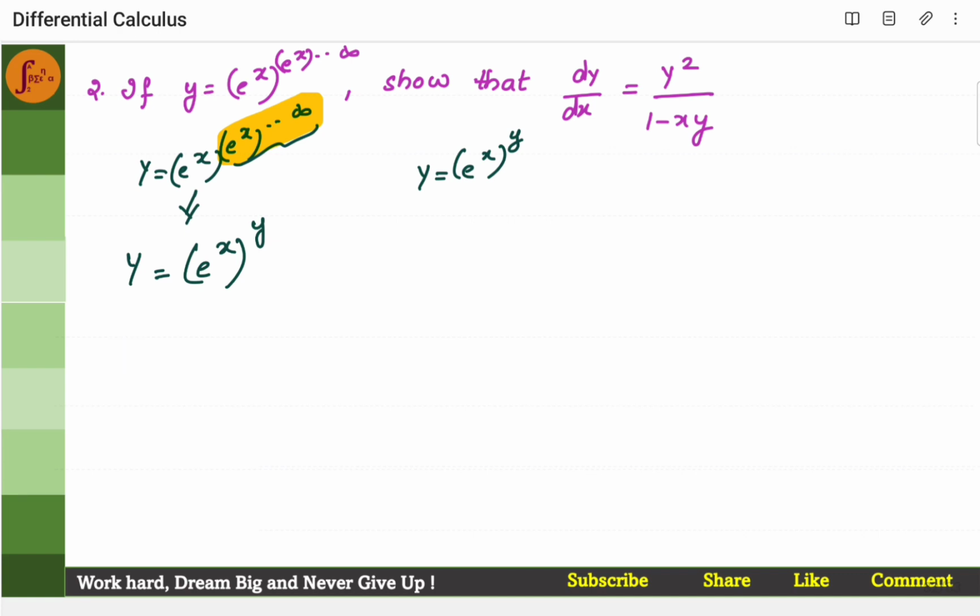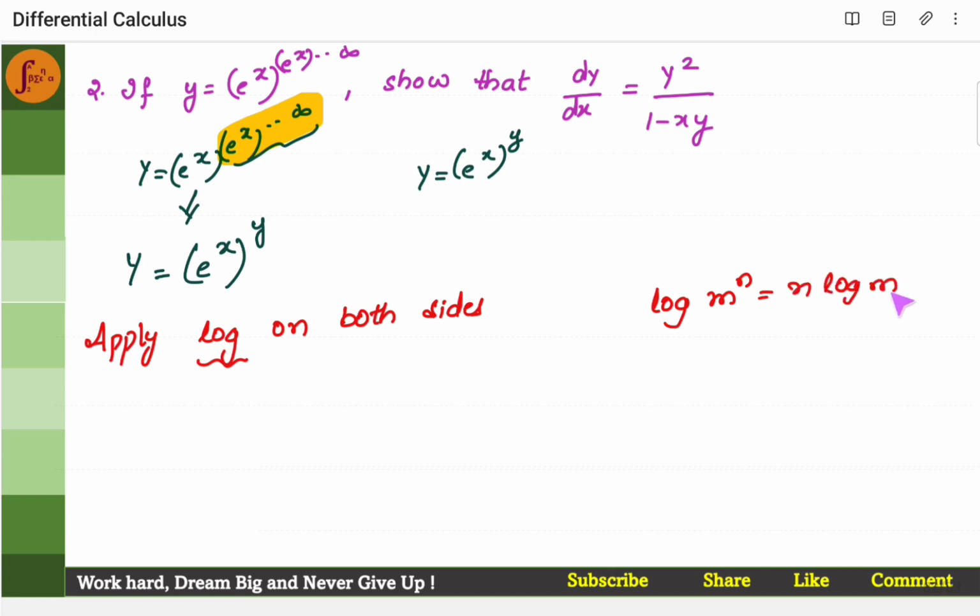Now I'll apply log on both sides, because there is power here, so that I can get rid of this power. Because there is a logarithmic property, log m to the power n is n log m. So this is going to become log y is equal to log of e to the power x to the power y. Now this is of the form m to the power n, so I can bring this to this side.